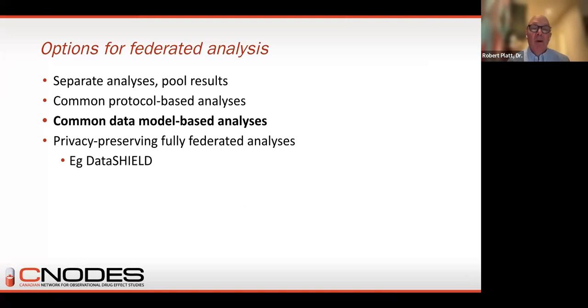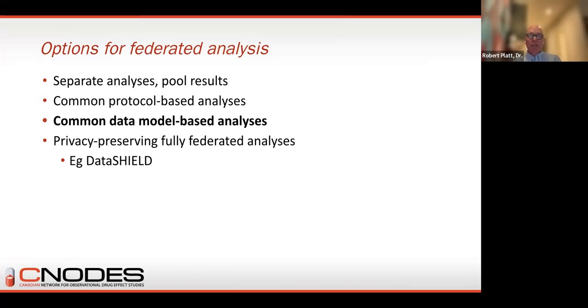The next step up, and what we're going to talk about today, is what we'll call common data model-based analyses, where the data are standardized across the sites so that standardized analytic code can be run against the data. And I'll talk about a few different ways that can be done.